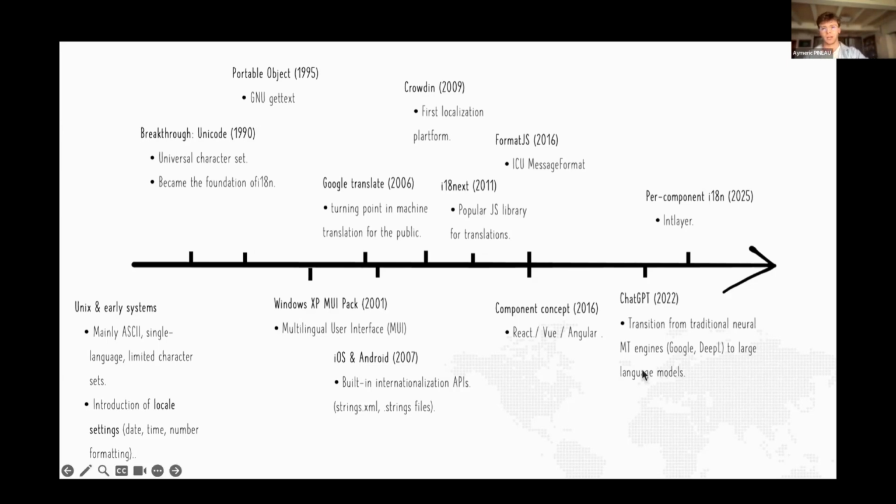Then, even if it's not related to internationalization, we saw the arrival of the concept of components with React, Vue.js, and Angular. Before, we were also trying to scope our content by component, one file for the navbar, and so on, but React really made that process more common.